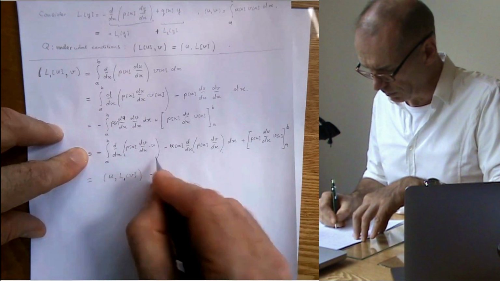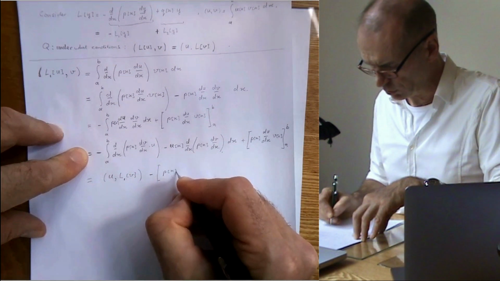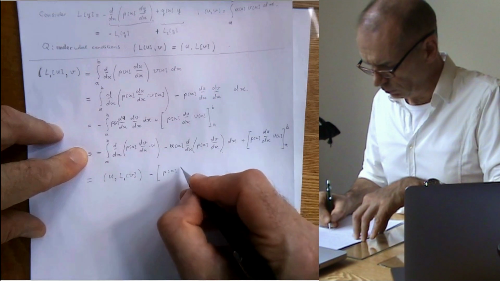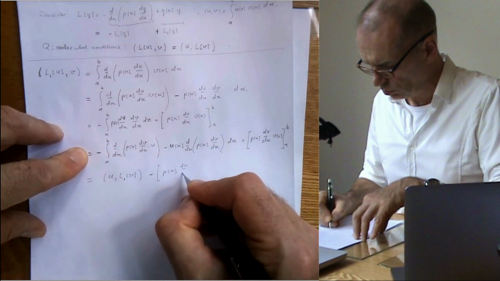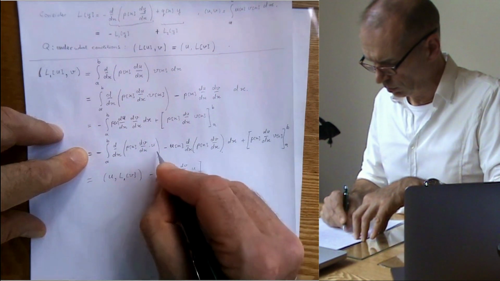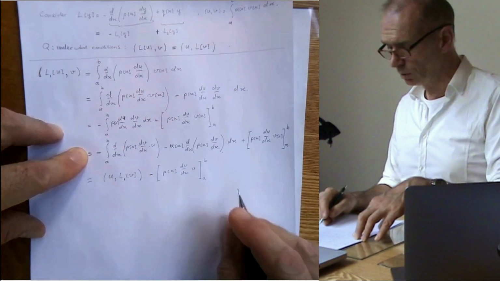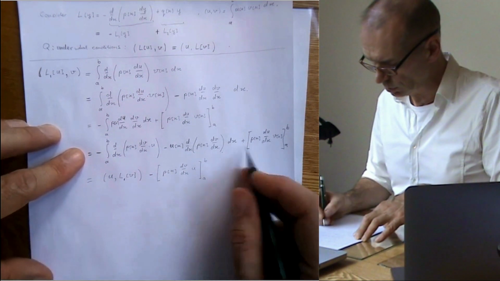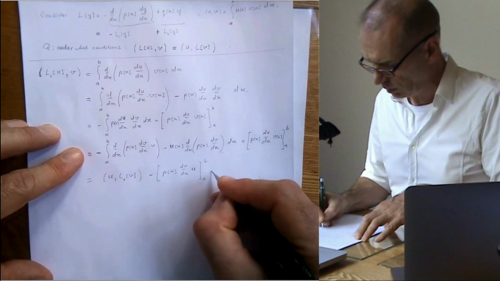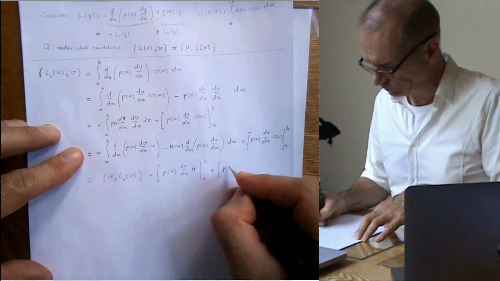And now we have p(x) dv/dx times u between B and A. So substitute the boundaries B and A, and we still already had that one, so I have to copy that. p(x) again.